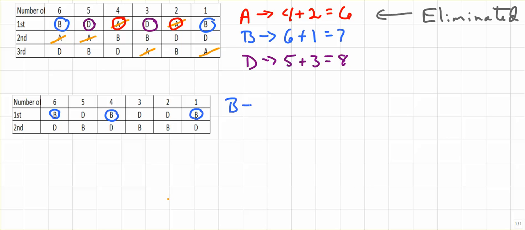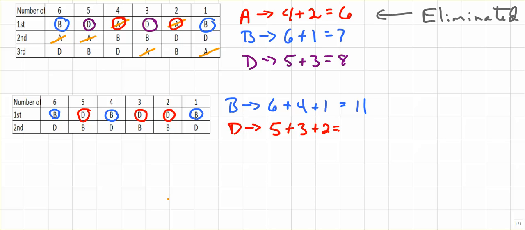And so B is going to have 6 plus 4 plus 1, which is going to be equal to 11. And then D will have 5 plus 3 plus 2, which is equal to 10. And so we can say that D is eliminated here.